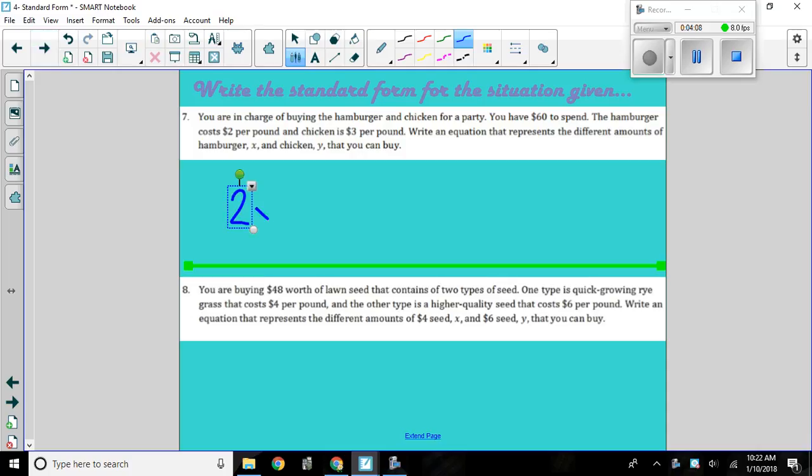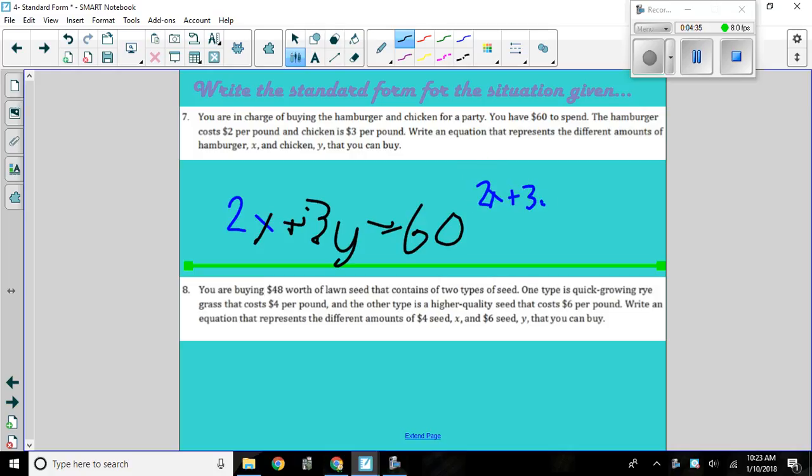So we're going to have 2X plus chicken is $3 per pound. And you have $60 to spend. Alright, so 2x plus 3y equals 60 is our solution.